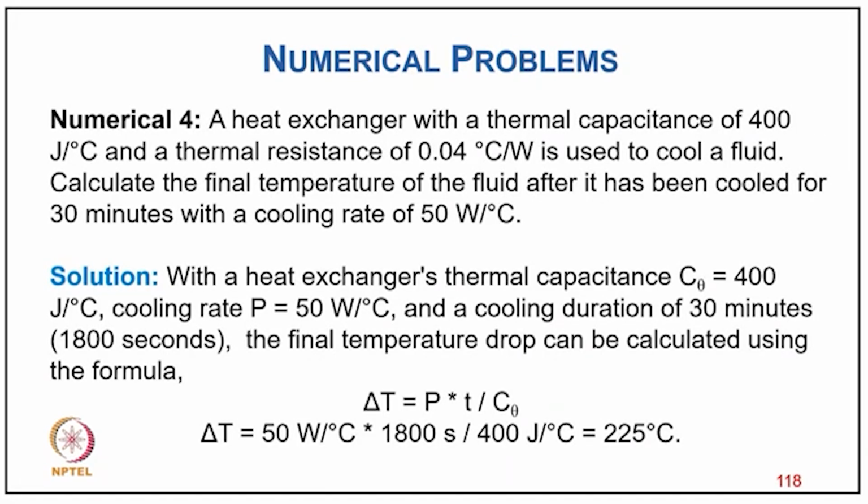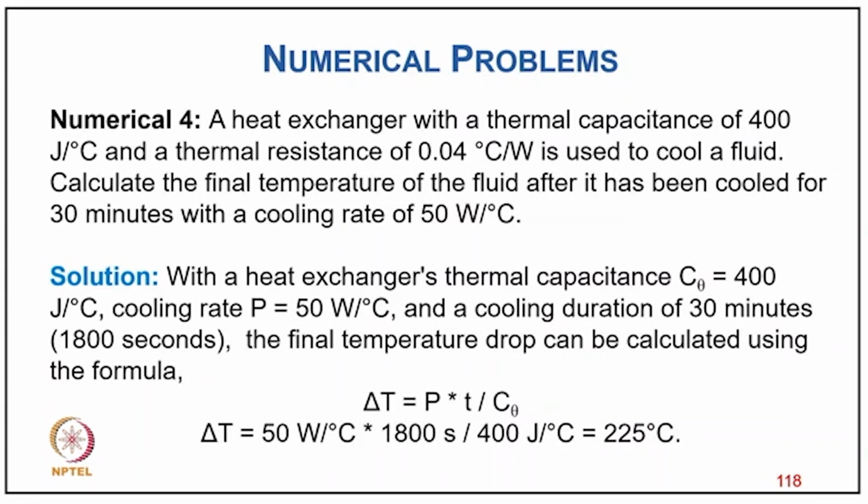Coming to numerical problem 4: a heat exchanger with thermal capacitance of 400 joule per Celsius and thermal resistance of 0.004 Celsius per watt is used to cool the fluid. Calculate the final temperature of the fluid after it has been cooled for 30 minutes with a cooling rate of 50 watt per Celsius.